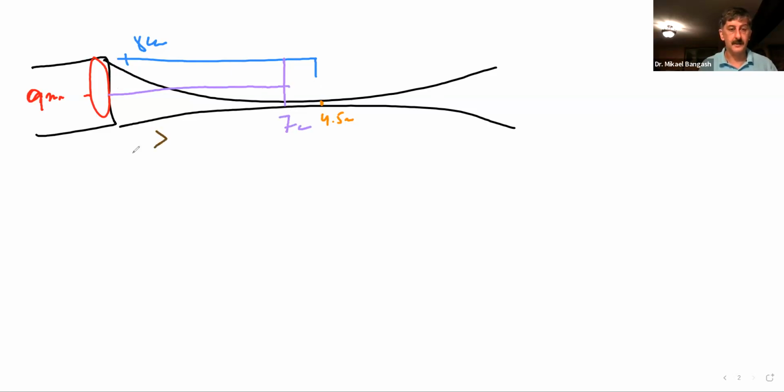It's going to be a number that is less than 9 millimeters, but greater than 4.5 millimeters. So the options that we have here are still the same: 1 centimeter or 10 millimeters, 9 millimeters, 5 millimeters, and 14 millimeters. Clear. So the only one that meets that requirement is 5 millimeters.